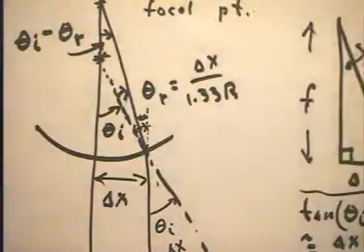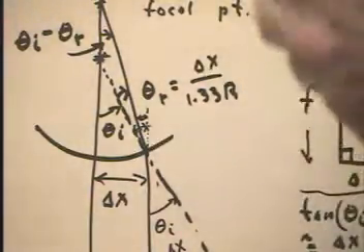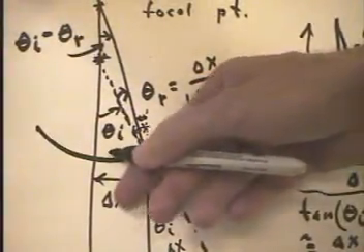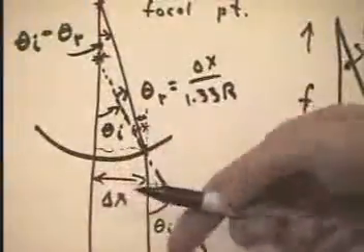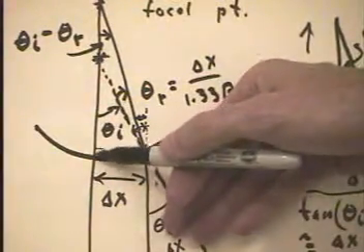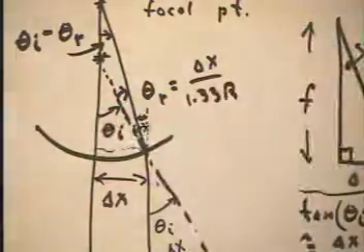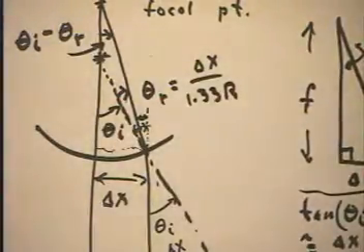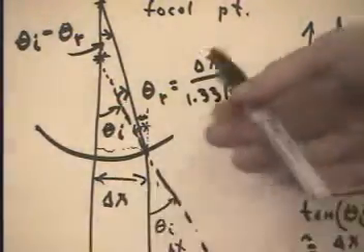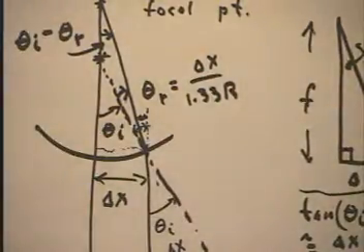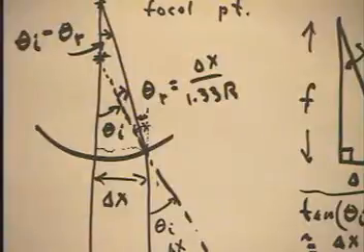Now, there's a little bit of difference. If I draw the projection line straight across here, we see we've got a little bit of distance down here. So the distance from the lens back to the focal point is really a little bit more than what we're saying. But remember, we're assuming that delta x is much smaller than r, which means that this distance is going to be really insignificant. So we're going to ignore it.